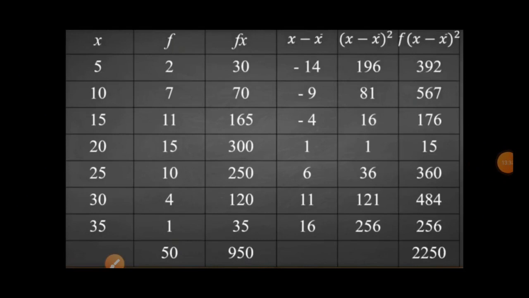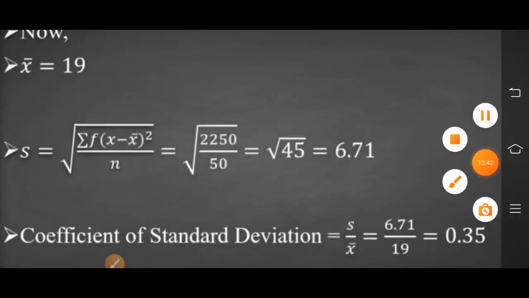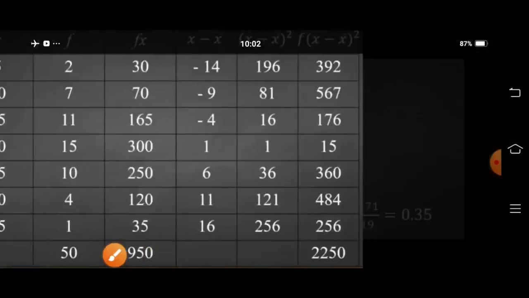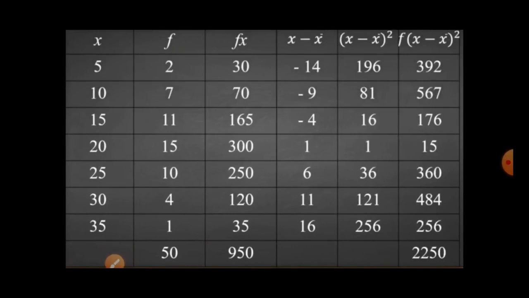First we write down x, then the f column, and we have the fx column. For the sum, we require sigma f into x minus x bar whole square. For that we need more columns, so we add them here: x minus x bar, then x minus x bar whole square, then f into x minus x bar whole square.